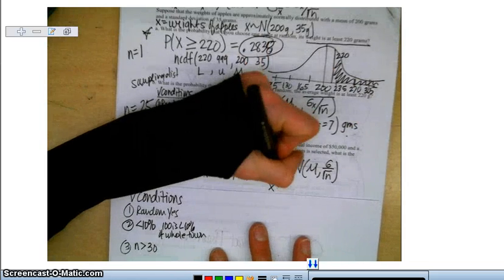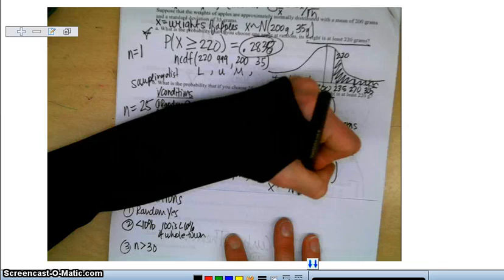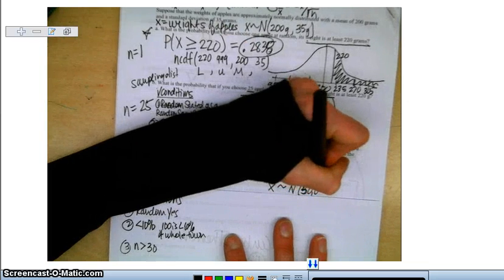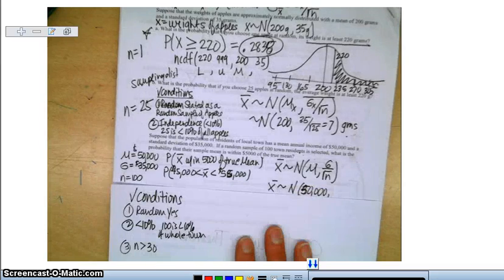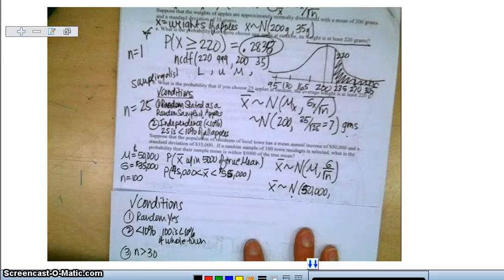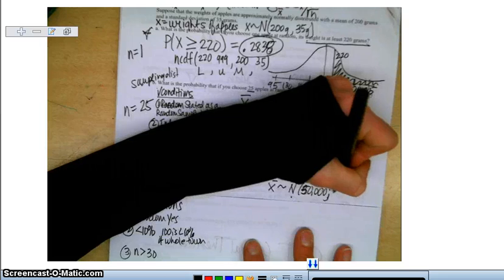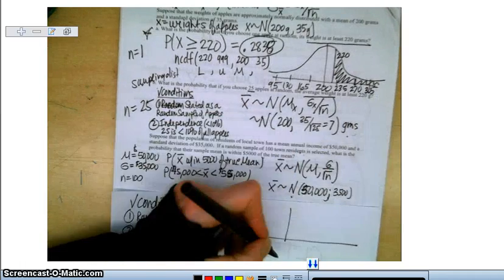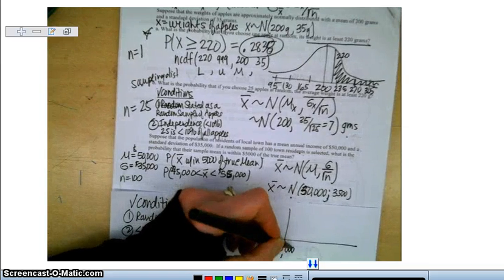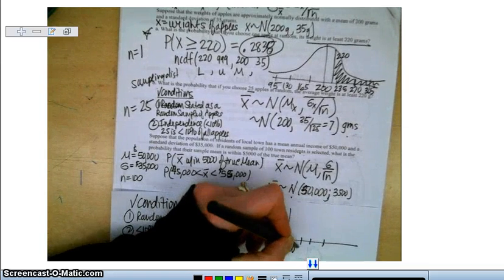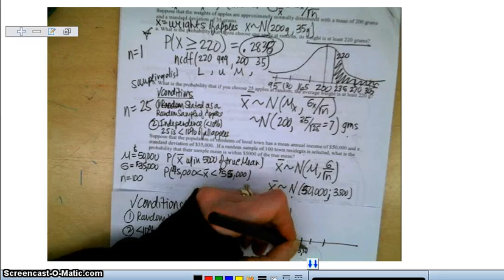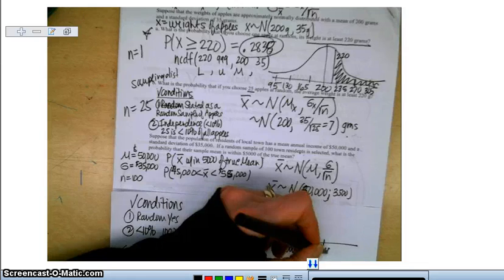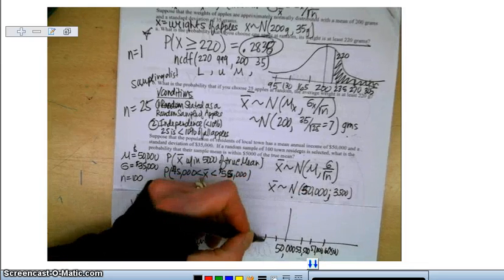I'm just writing the formulas down now. 35,000. So X bar is normal with a mean of 50,000 and a standard deviation of 3,500. Good. So then in our normal model, we've got 50,000 in the middle, and then that would be like 53,500 and 57,000 and 60,500, something like that.